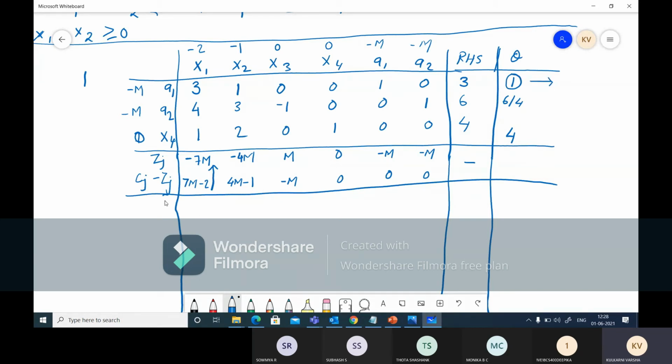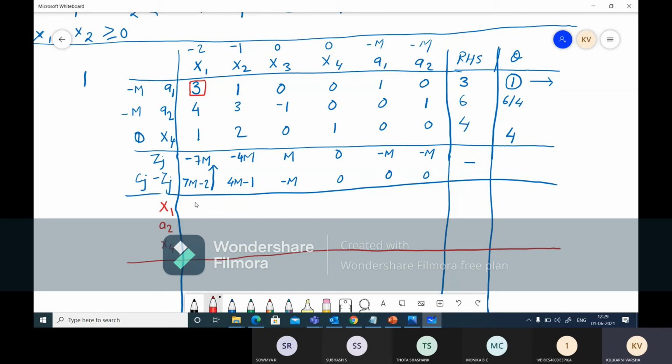So in the next iteration, we will have X1 instead of A1. So let us go for red color. So next iteration we have X1, A2 and X4. Right? The pivot element is 3.